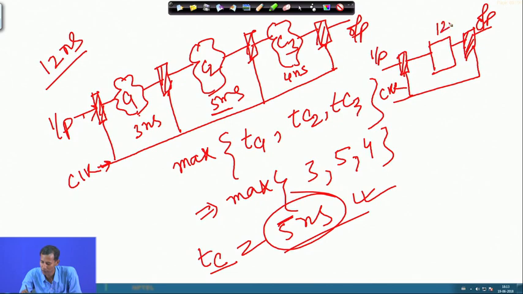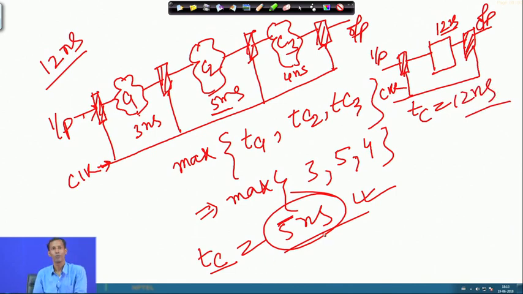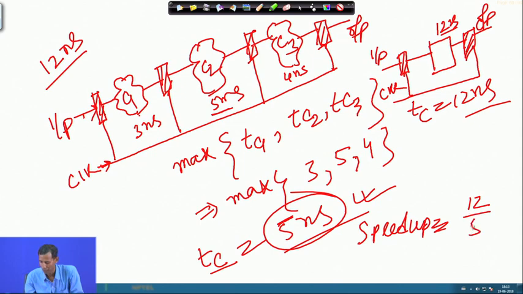This was requiring 12 nanosecond, but now it becomes 5 nanosecond. So, I can say that the speed up is basically 12 by 5, that is 2.4, after doing the pipelining. Okay.